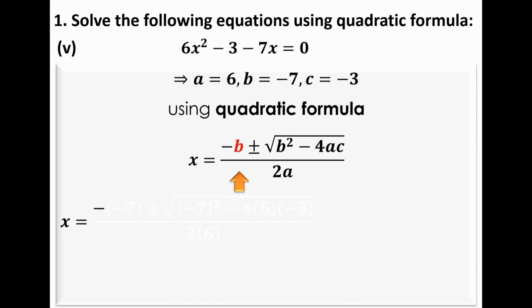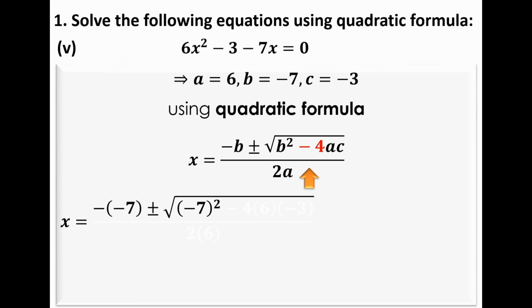Here, we have b, and the value of b is minus 7. So, minus 7 is written here. This plus minus under root is written as it is. Next, we have b squared, and the value of b is minus 7. So, minus 7 square is written here.